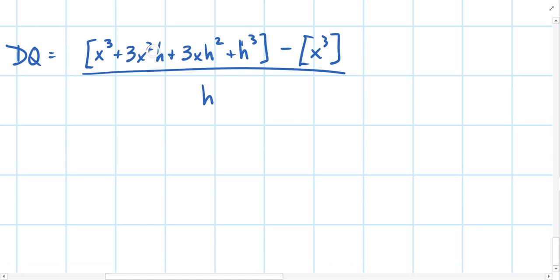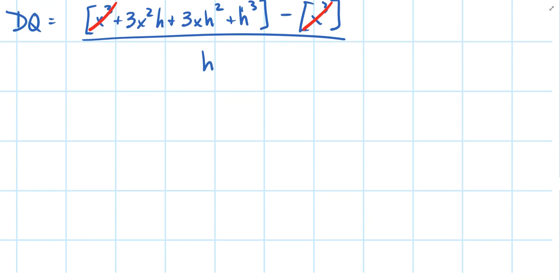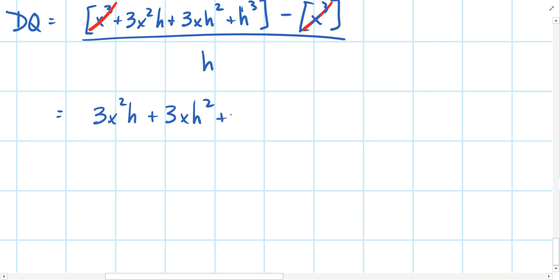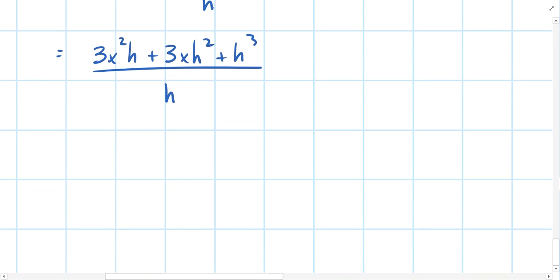Again, we're going to get some items that cancel, but in this case there's only one. This x cubed and this x cubed will cancel after simplifying the numerator. And in the remaining numerator, we have 3x squared h plus 3xh squared plus h cubed divided by h.